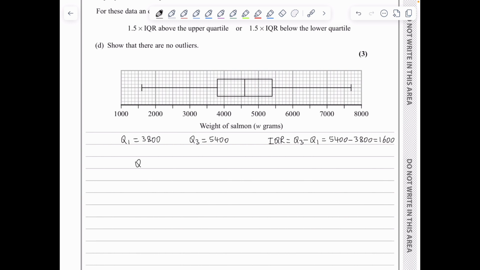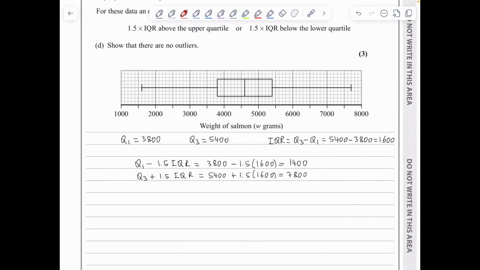So I will calculate Q1 minus 1.5 times the interquartile range, which is equal to 3,800 minus 1.5 times the 1,600. This gives an answer of 1,400, and Q3 plus 1.5 times the interquartile range is equal to 5,400 plus 1.5 times the 1,600, which gives an answer of 7,800.